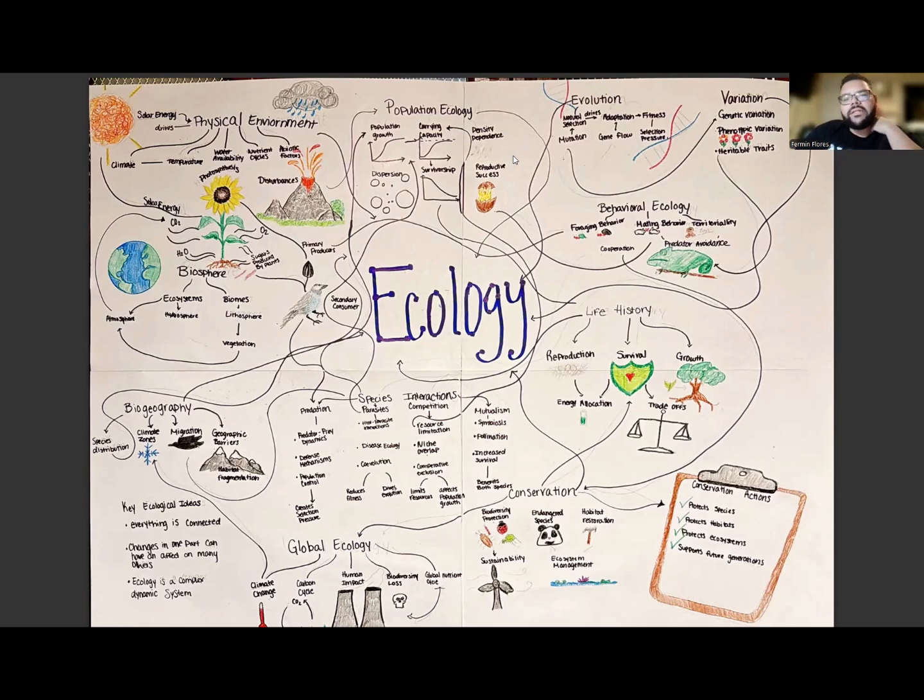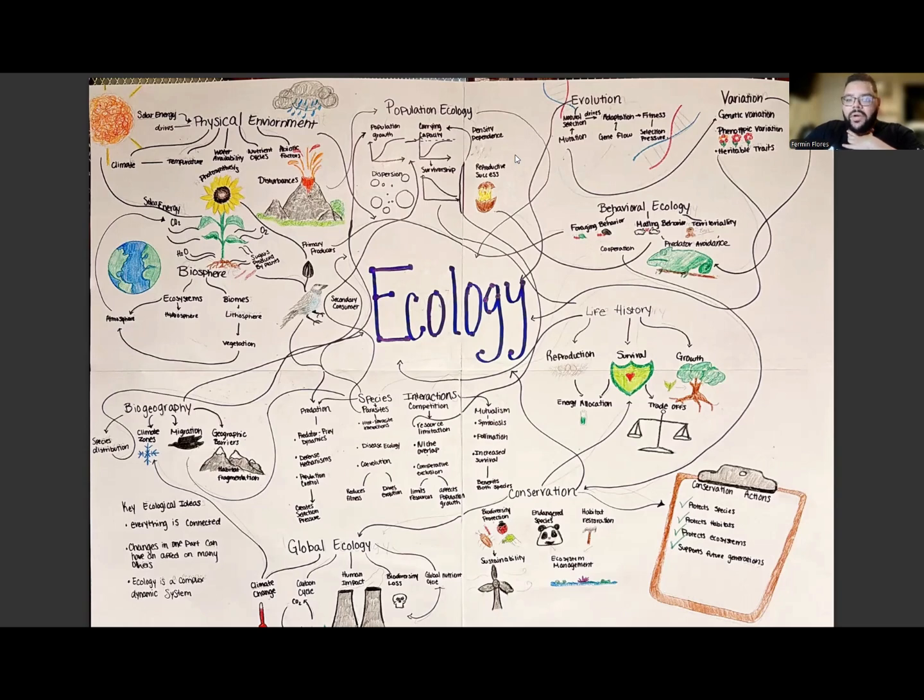One of the most interconnected sections of the map is evolution and variation. In this section, I included natural selection, adaptation, mutation, gene flow, fitness, selection pressure, and genetic variation, as well as phenotypic variation and heritable traits. Variation is very important because natural selection cannot occur without differences between individuals in a population.